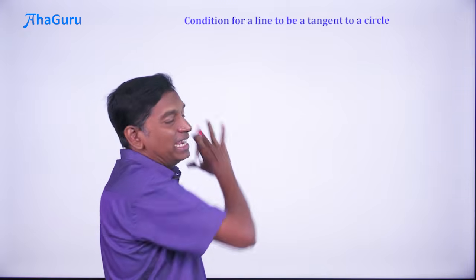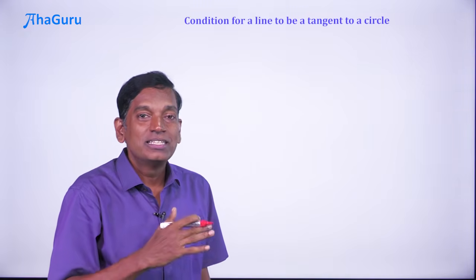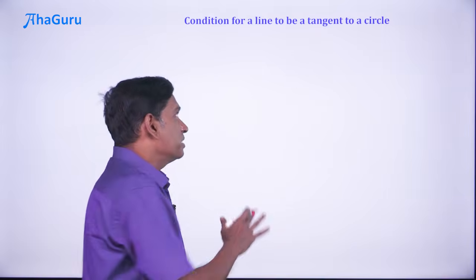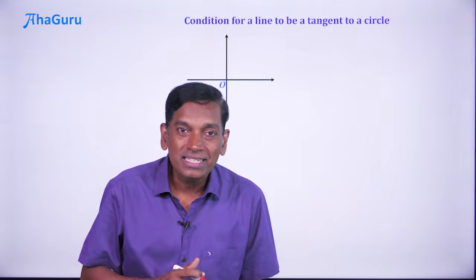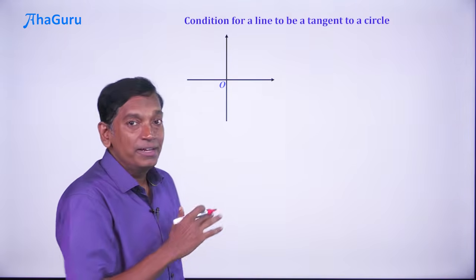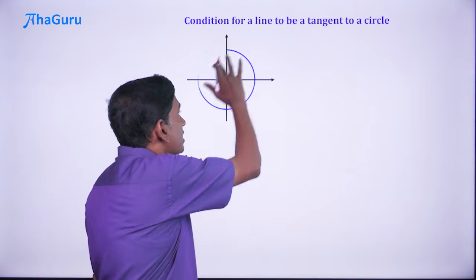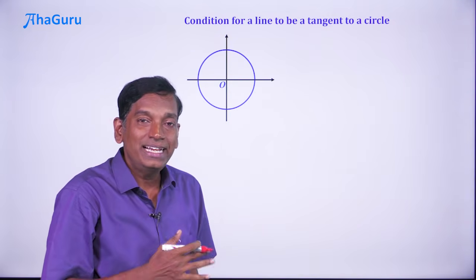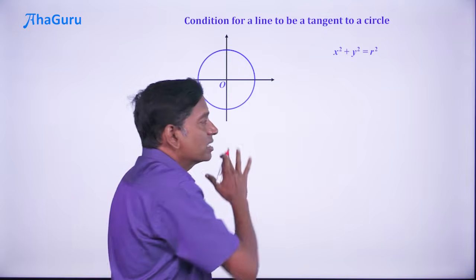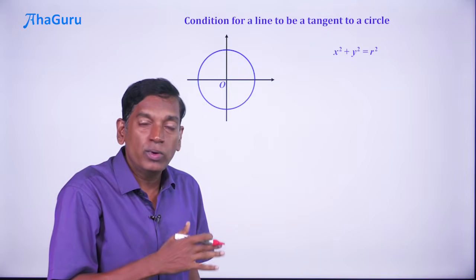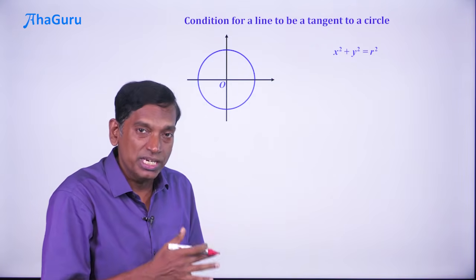Now let's take a more detailed look into the condition for a line to be a tangent to a circle, okay. Let's start with the x and y axis, and this is the origin. Let's draw a circle with the origin as center. Now we know that such a circle will have x squared plus y squared equals r squared as the equation, okay.